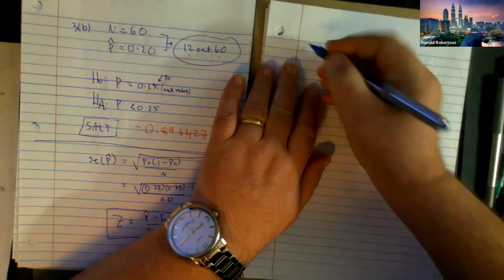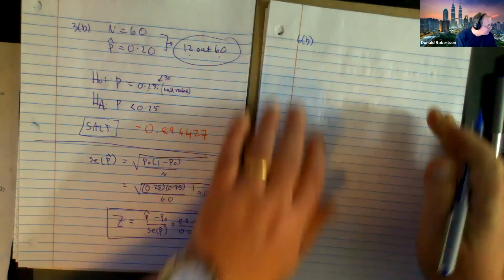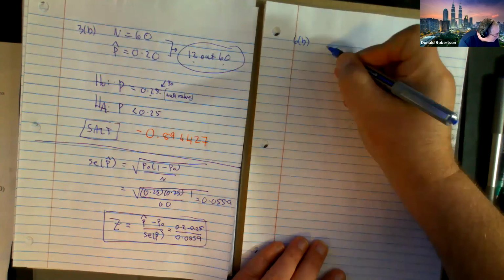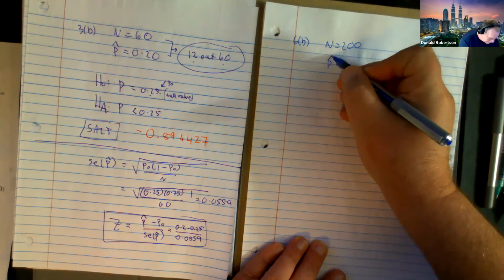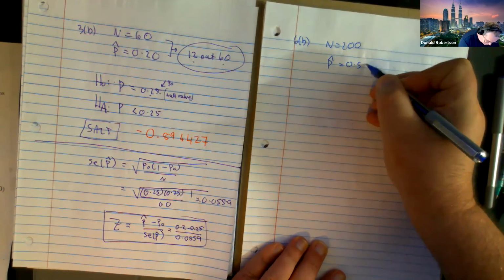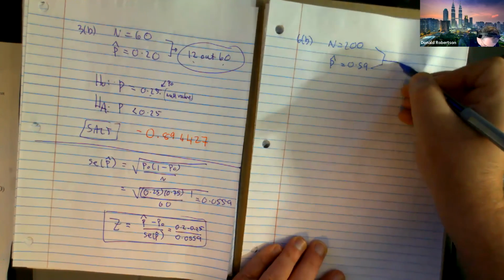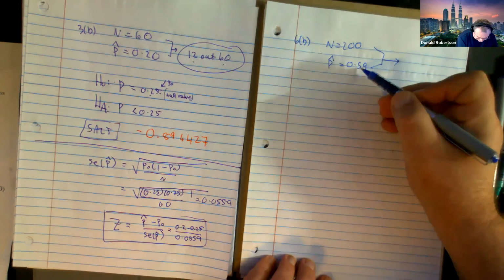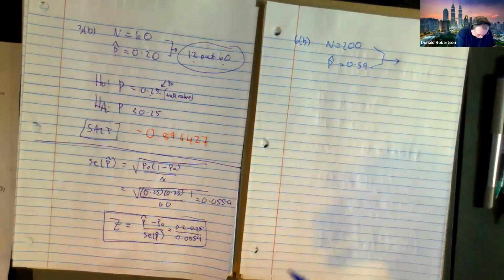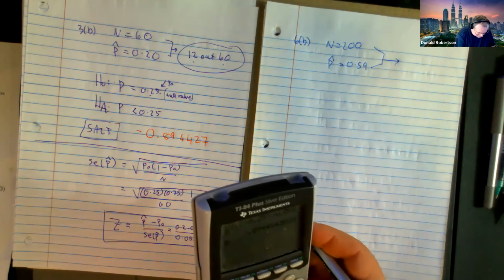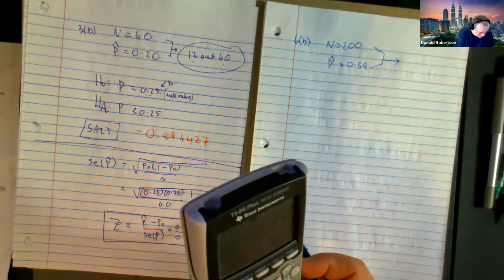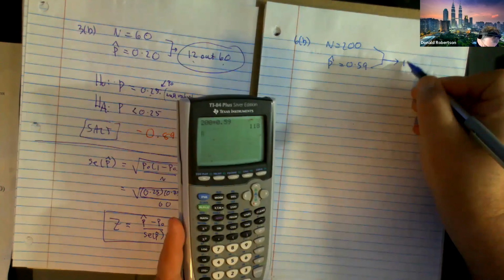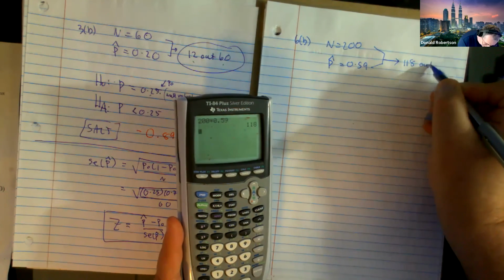Right, so I'm just writing down my version of what 6B has. You have a sample size of 200 and you have a p-hat of 0.59. Now I'm combining them by multiplying these together and hopefully getting a whole number. So that's 200 times 0.59, and that gets me 118 people out of 200.